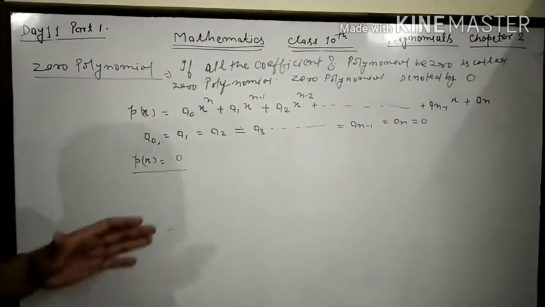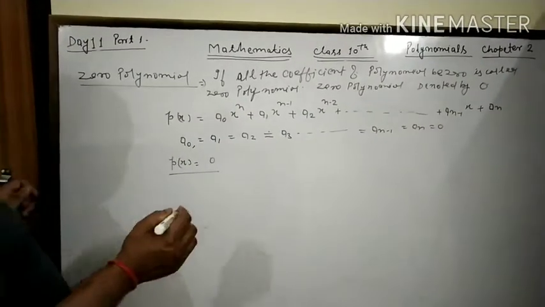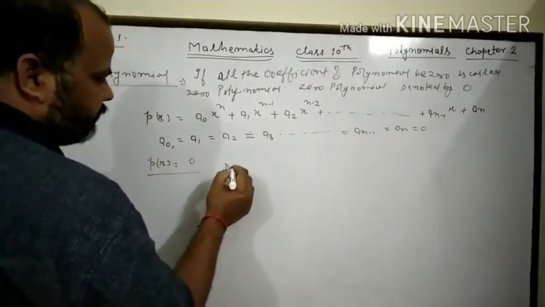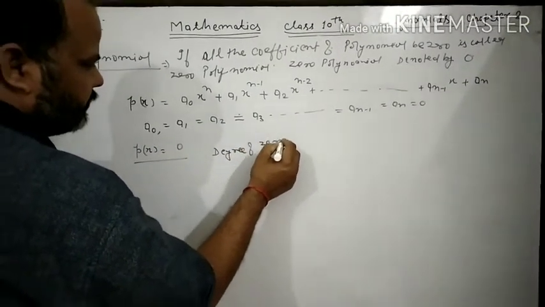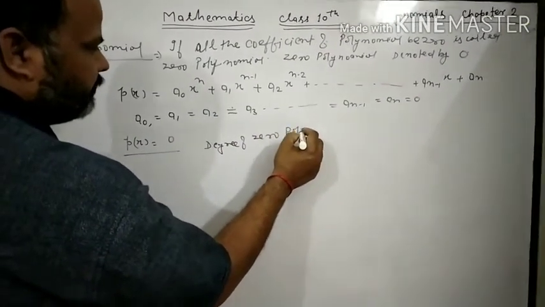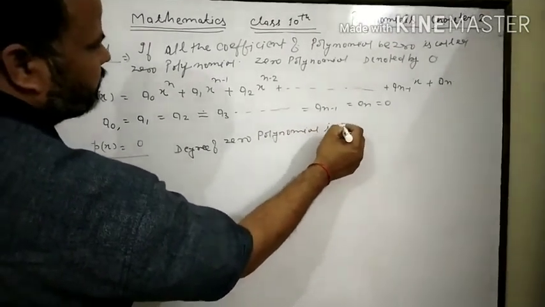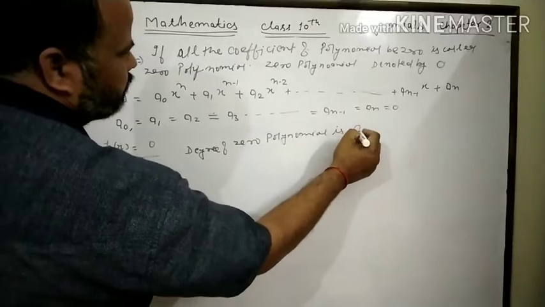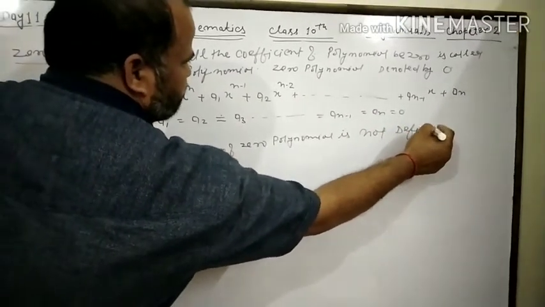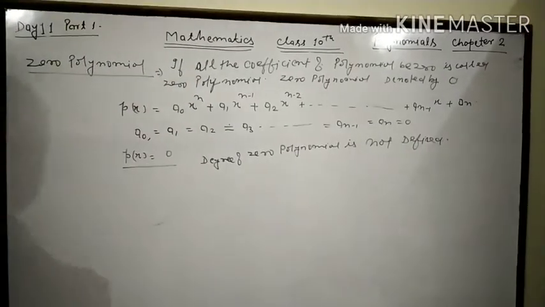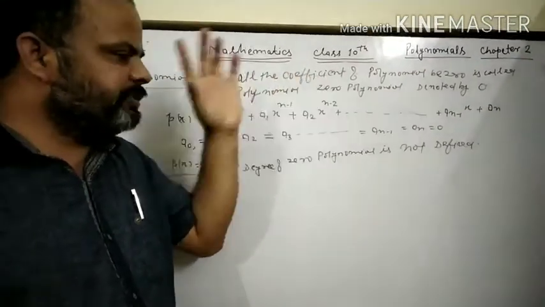The degree of the zero polynomial is not defined.